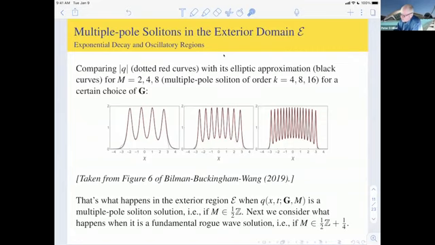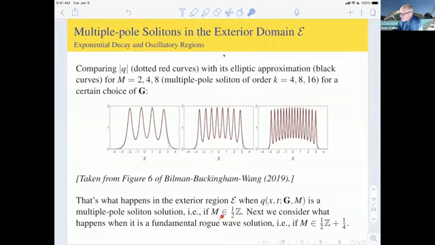This is for m equal to 2, 4, and 8, which we have to multiply by 2 to get the soliton order, so that's 4, 8, and 16, for some specific choice of the matrix G. You see that things are quite close, and the region between this point and this point, at the given value of t for which these pictures are made, corresponds exactly to that oscillatory region. It's an interval of chi. So that's what happens in the exterior region when q is a multiple pole soliton solution.